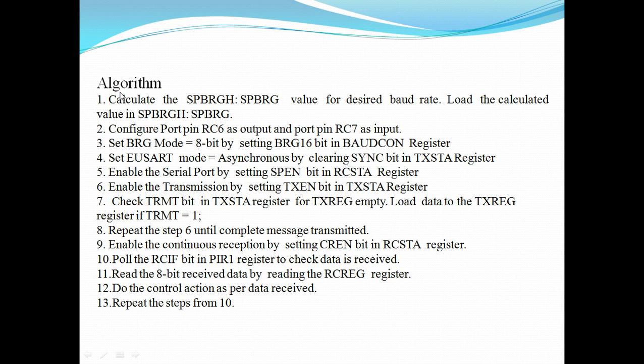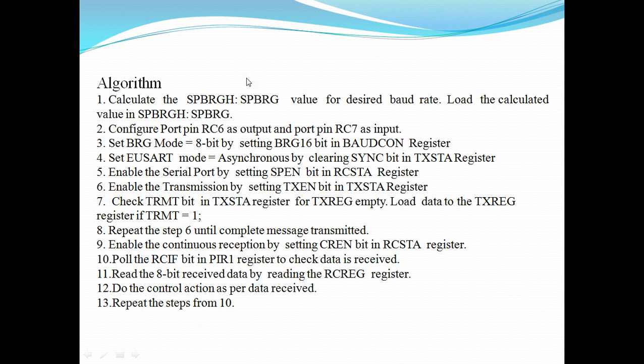For performing this, in the first step we will write a 16-bit value to these registers for selecting the baud rate. 9600 is the most widely used baud rate. For that we need to calculate the values that will be loaded inside these registers to select the baud rate.